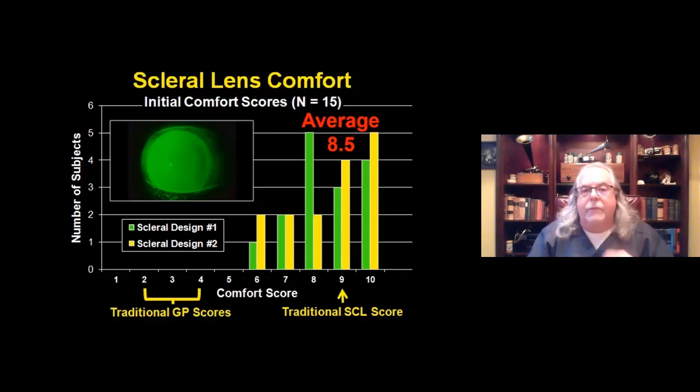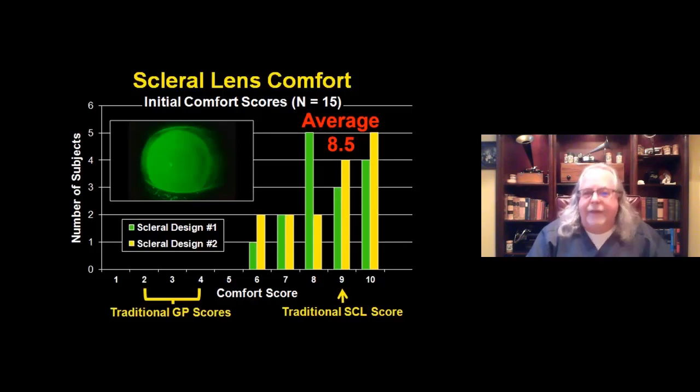And you could see when we use these same comfort scale scoring charts with corneal GP lenses, the comfort level is down in the area of 2 to 4.